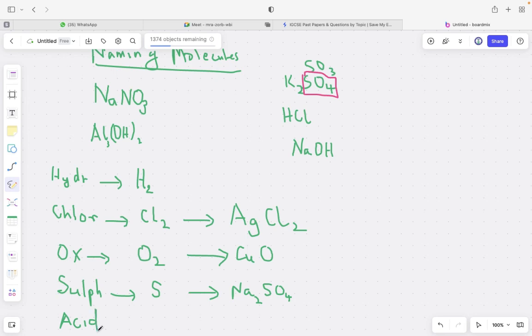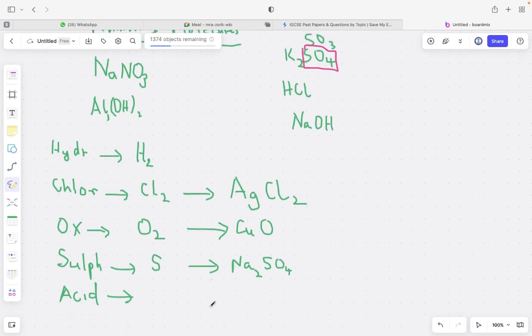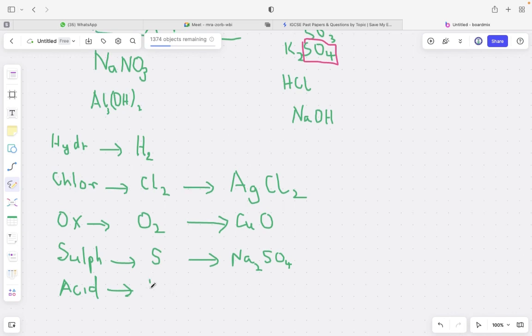Sometimes the name won't tell you what it contains, but they will just say nitric acid or sulfuric acid. So once you see acid, it means the compound contains what? Hydrogen. Even if they don't mention hydrogen, they just say nitric acid, you should know that the compound contains hydrogen.